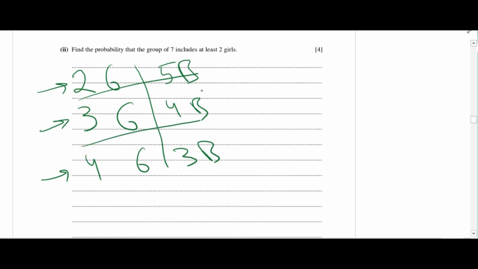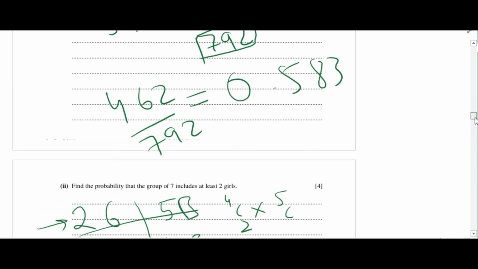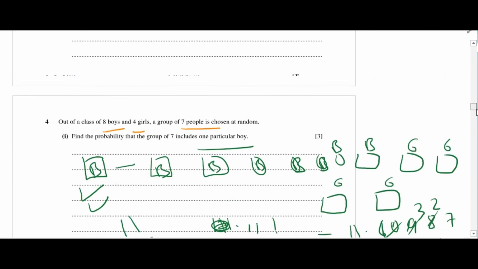Now, if we have 2 girls, the number of boys would be 5 boys, or 4 boys, or 3 boys. Now we have to find out all these chances individually, and then divide by the total number of 7-member chances.